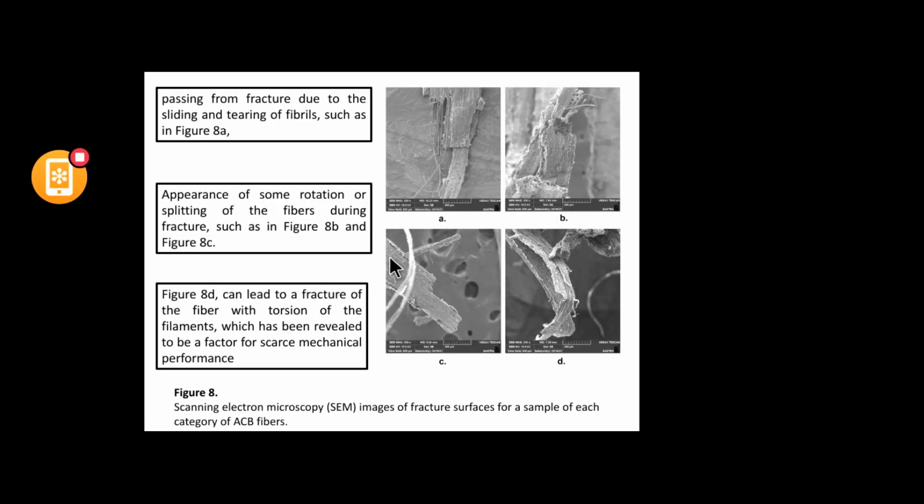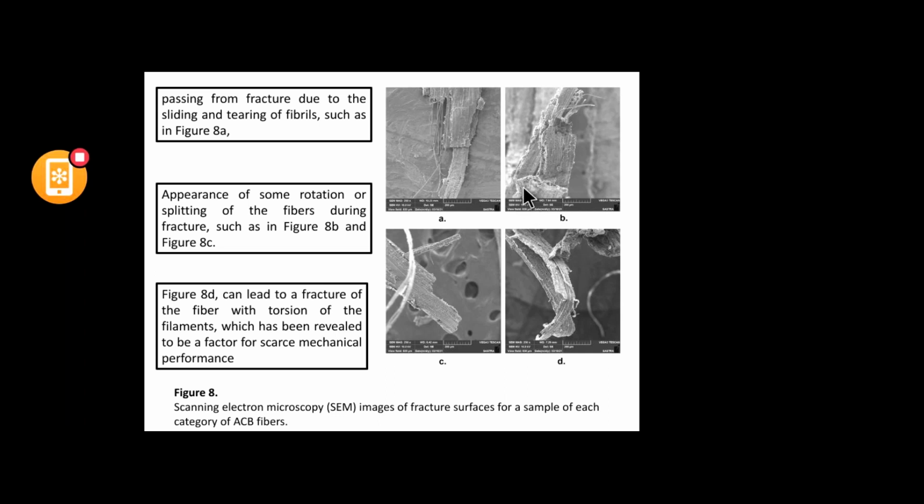So this is the surface morphology of the acacia bark fiber which I showed earlier. The figure 8 which I showed here is especially after conducting the single fiber tensile test, where the breakage portion was taken for morphology analysis.